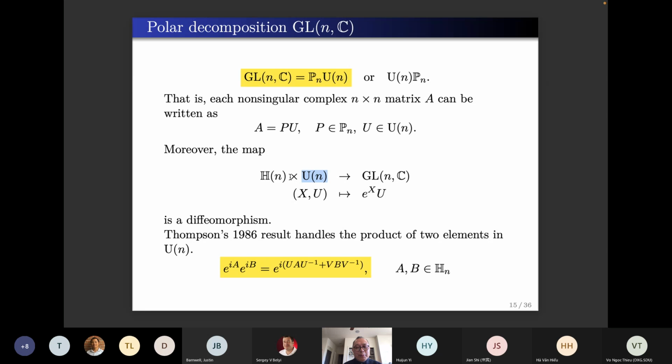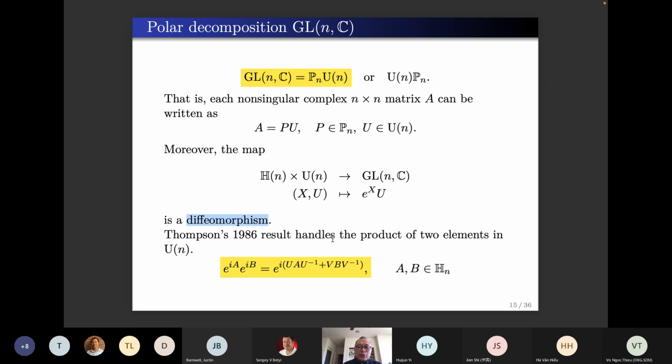Of course, there is a very important operation, that is the multiplication. H_n, as a matter of fact, is a vector space. All right, U_n is a compact group because it's the unitary group. Right, so diffeomorphism. Since it's a diffeomorphism, it is a homeomorphism. So that's why I said topologically, GL_n(C) can be reduced to the study of H_n and U_n. But don't get me wrong, there is a multiplication. Multiplication is also mysterious.